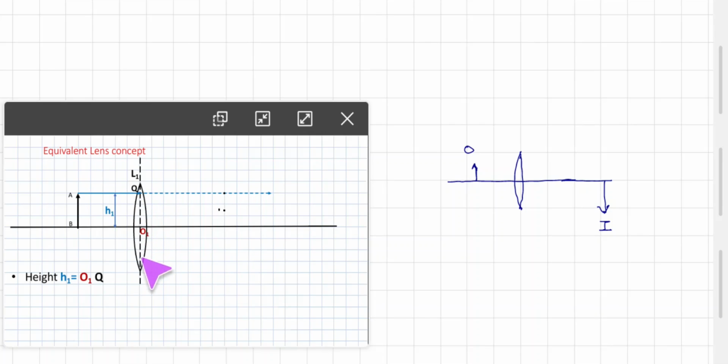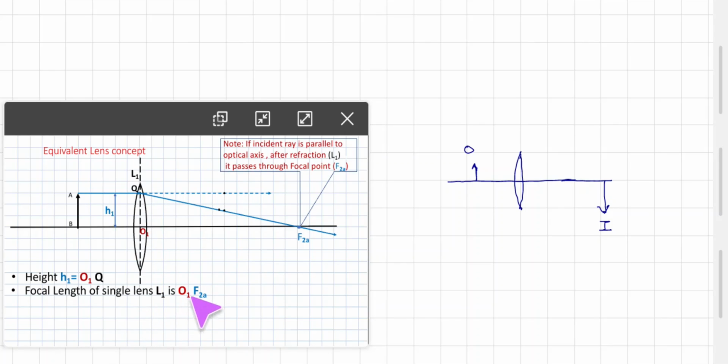But as the lens is here, it refracts, and since the ray is parallel to optical axis, it passes through a point which is a focal length of this lens. So remember that distance O1f2a is focal length of lens L1. Now due to this lens, there is a refraction, and the angle of deviation is delta 1. So delta 1 is due to lens L1.